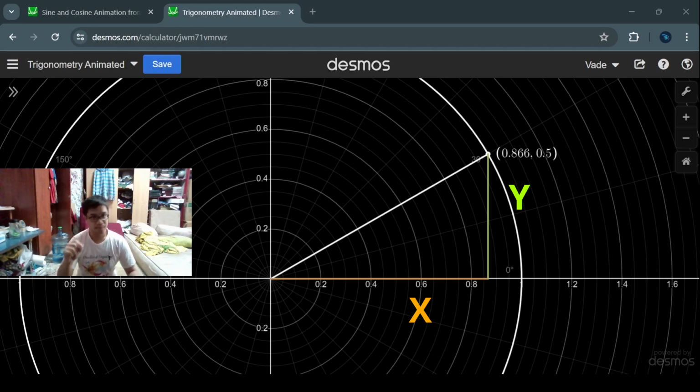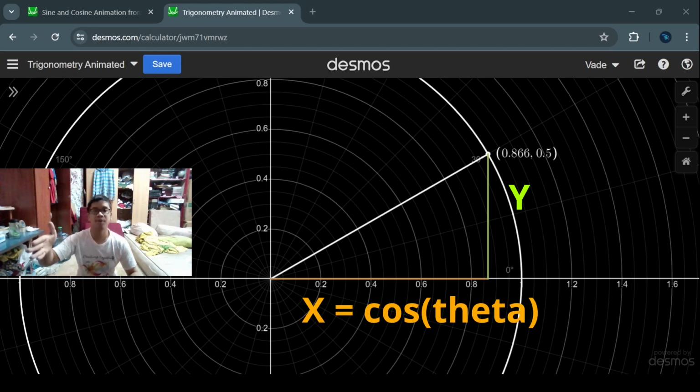But also remember that the x or the horizontal part is cosine, and the vertical part is sine. Your x is cosine, which is the orange, and your y is sine, which is the vertical.